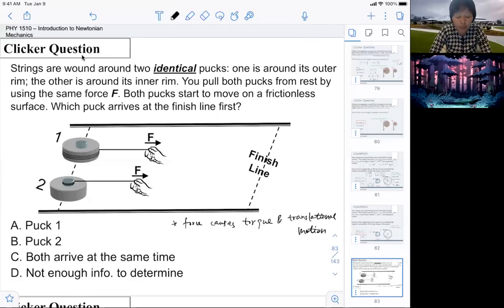So what might be a possible reasoning to support choice A, that puck one wins? It generates a bigger torque. Is that right? Okay. Also, a chat said less displacement, would be referring to less displacement for one or for two.